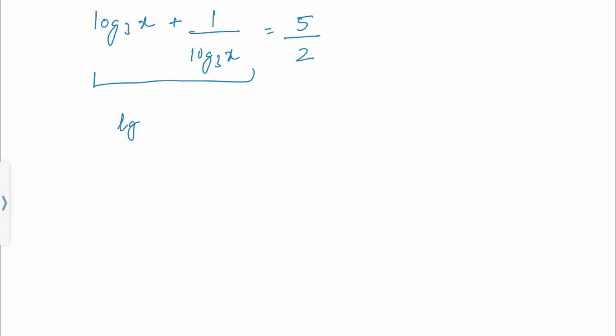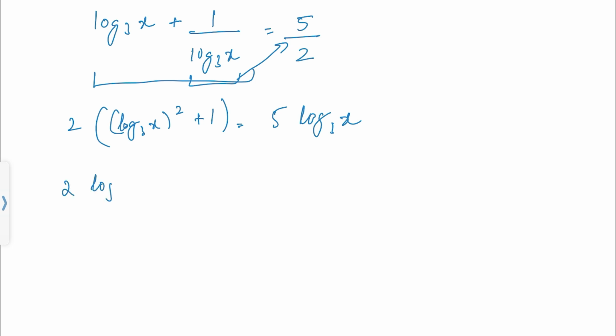Taking LCM, you will get log 3x whole squared plus 1, this log 3x would go there, and this would be multiplied by 2. This 5 log 3x. This would give us 2 multiplied by log 3x whole squared minus 5 log 3x plus 2.